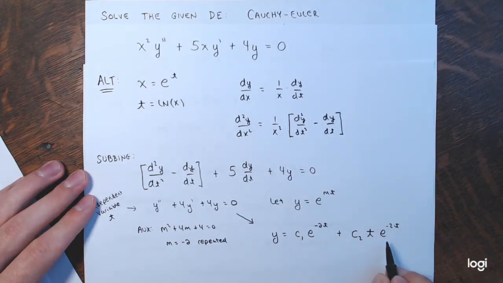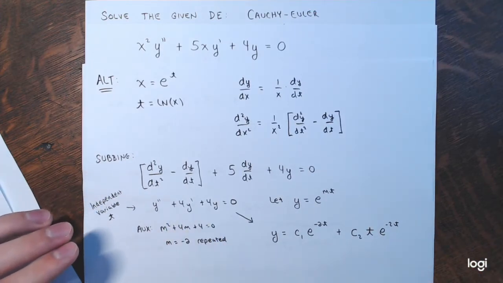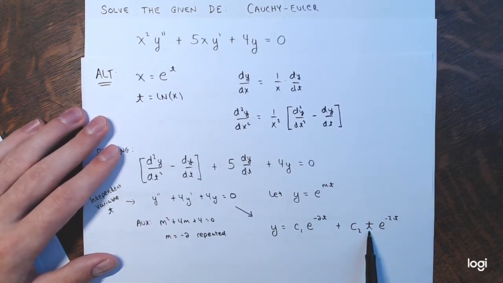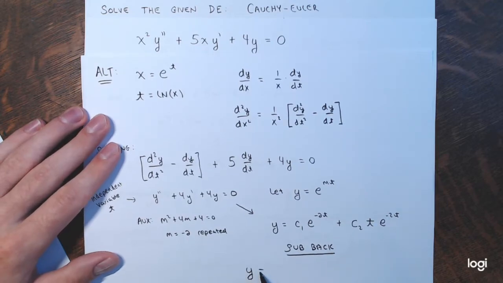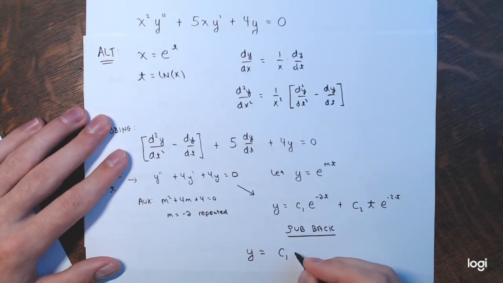If you remember when you had repeated roots of these equations with constant coefficients, you just had the one exponential and then it again with powers of the independent variable attached to it. And then I sub back, and we get the solutions of the original equation in x. Y equals some constant times e to the -2 times the natural log of x.